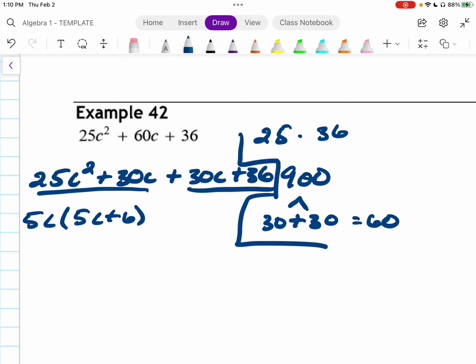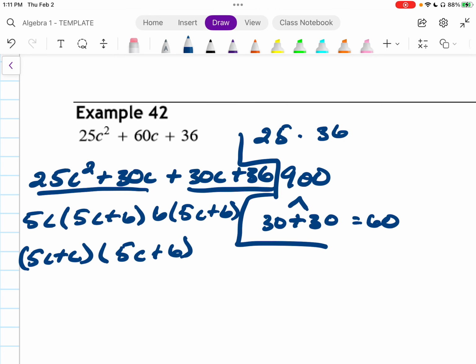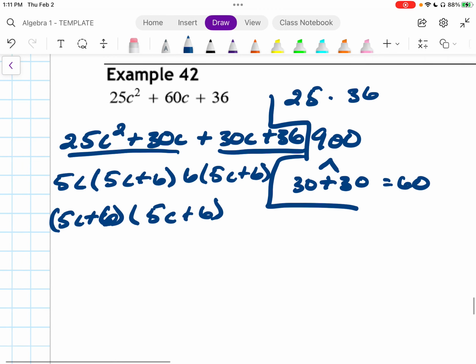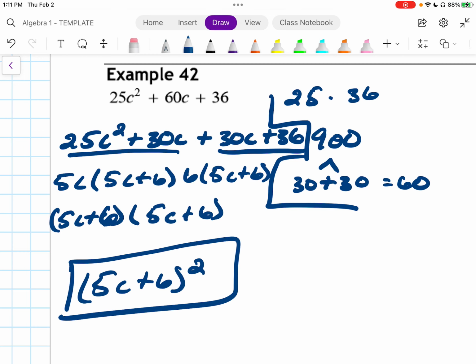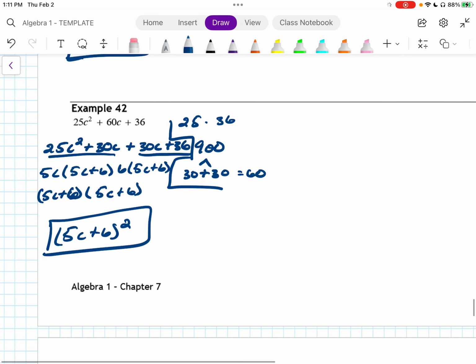And then I can pull out a 6, and I'm left with 5c plus 6. Factoring out, I'm going to have 5c plus 6, and then another 5c plus 6. Because they're the exact same thing, I want to write it as one item squared. So 5c plus 6 squared. And there we are.